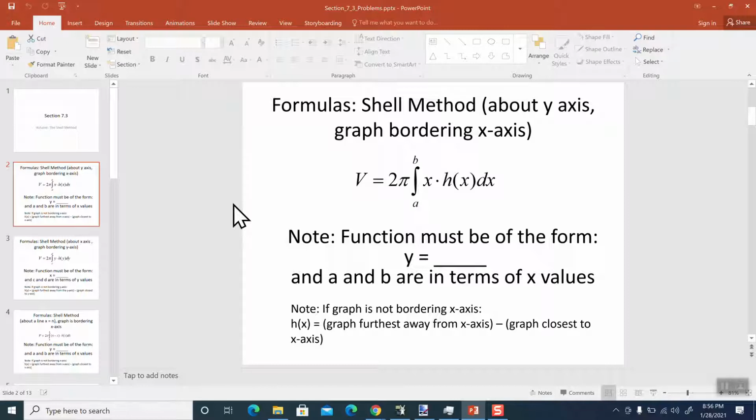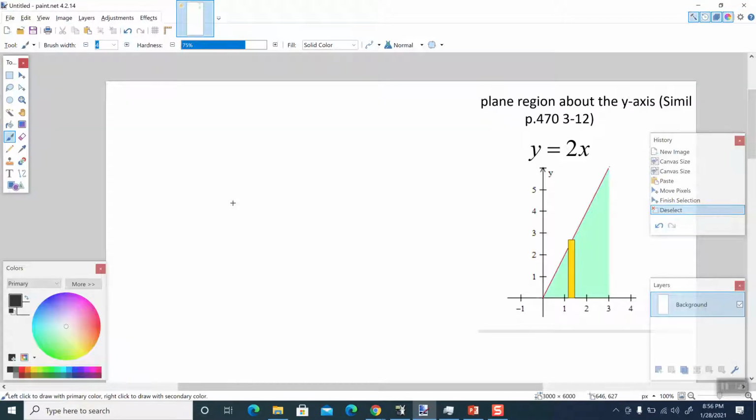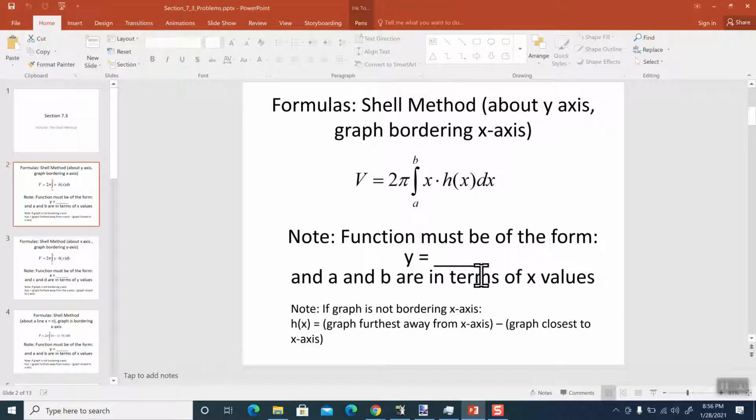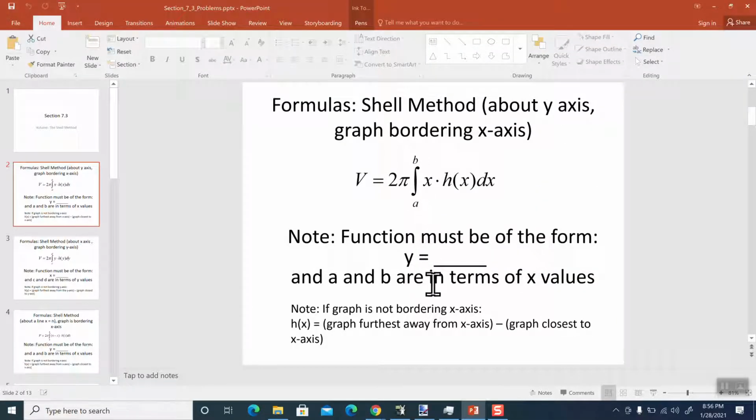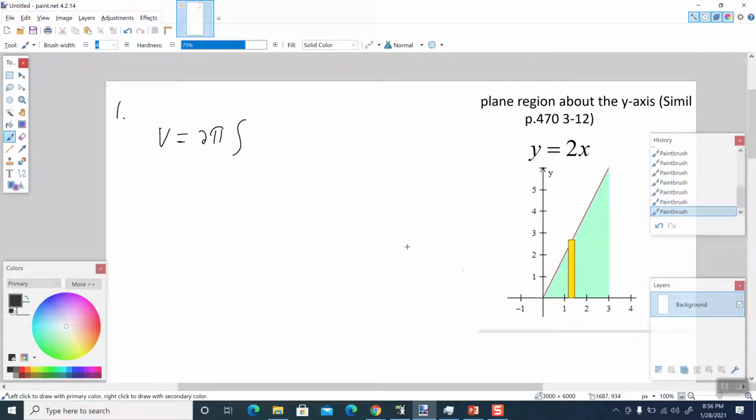Okay, about the y-axis, graph is bordering the x-axis. Is it bordering the x-axis? Yeah, exactly. Now, if it wasn't bordering the x-axis, you'd use this note down here, which we'll talk about in another problem. But we don't have to worry about this note. We're just going to do this. So volume, this is number one, is 2 pi integral from A to B. A and B are in terms of x values, 0, 3.